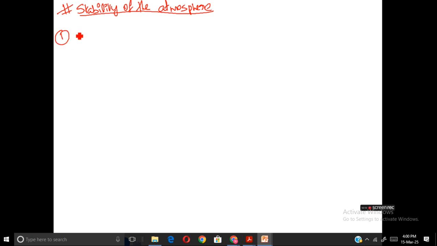Now, suppose there is an air parcel at some height, maybe z is equal to z1. By some external force, we raise the air parcel from z is equal to z1 to another height, let it be z is equal to z2.